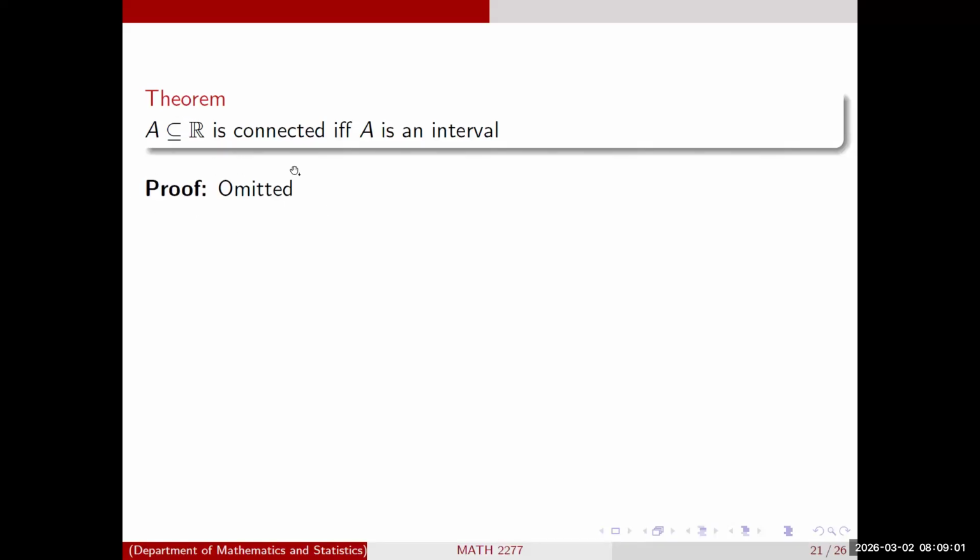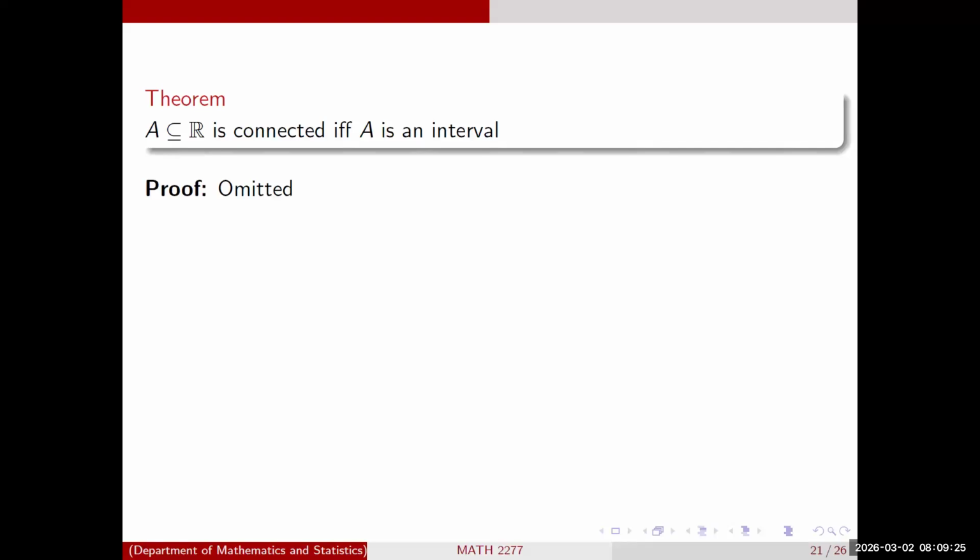The proof we're not going to cover, but this theorem is saying that if A is a subset of R, then A is connected if and only if A is an interval. In other words, the only connected subsets of R are the intervals.